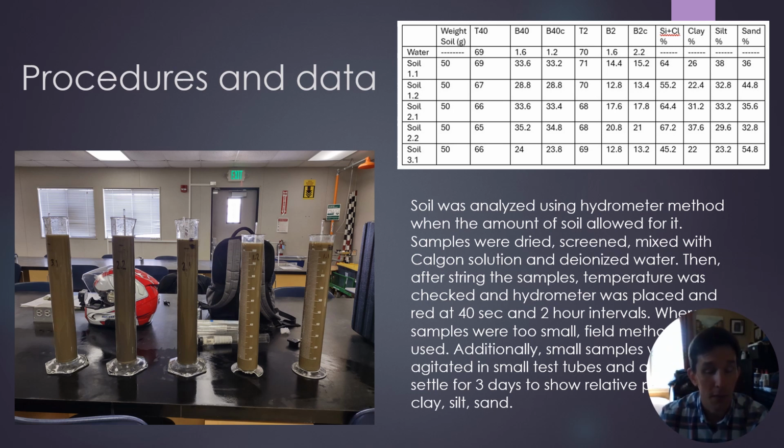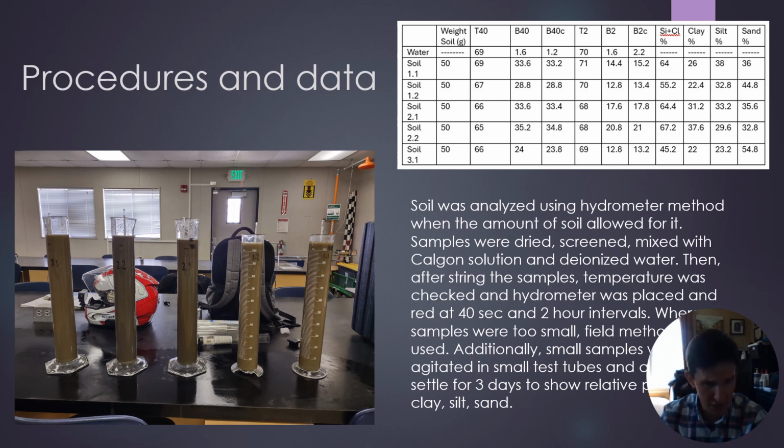Then the horizons were identified, and where the quantity of soil permitted, we ran the test using hydrometers. We had to have 50 grams of dry soil that was then crushed and screened to remove anything that's larger than 2 millimeters, as it is not a constituent of soil.